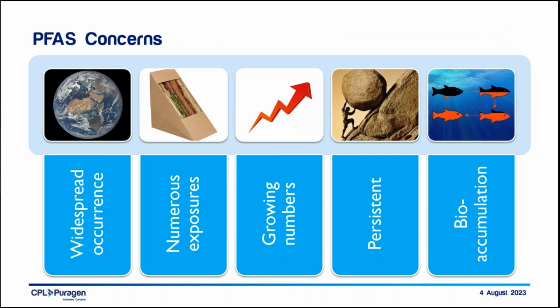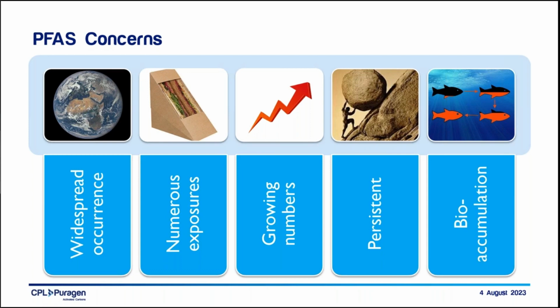The concerns about the public health impact of PFAS have arisen for these five reasons. Widespread occurrence: studies have found PFAS in the blood and urine of people, and scientists are not 100% sure if they cause health problems, although I understand that there is increasing evidence pointing to the fact that they do.